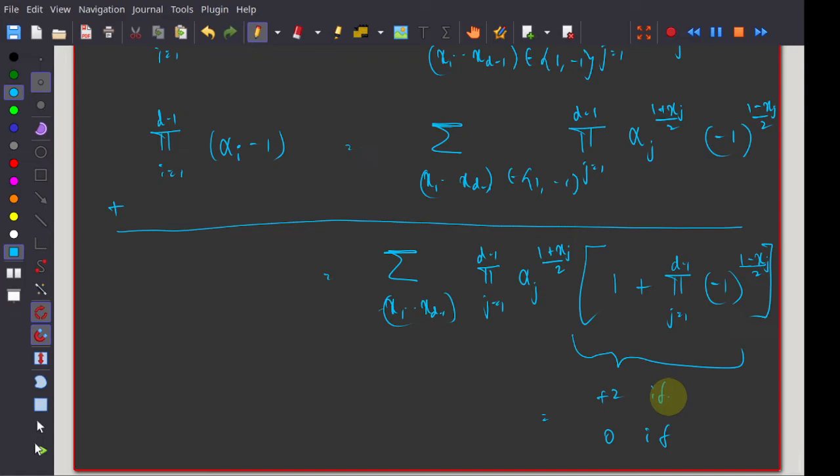So how many of the xj's can be minus 1 for it to be equal to plus 2?